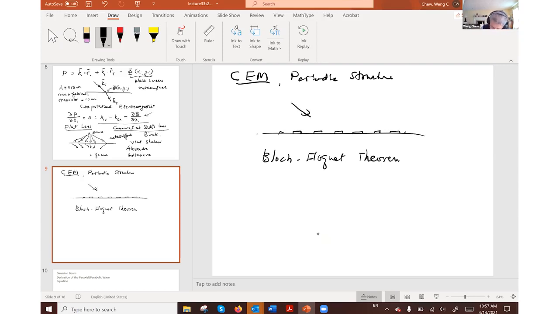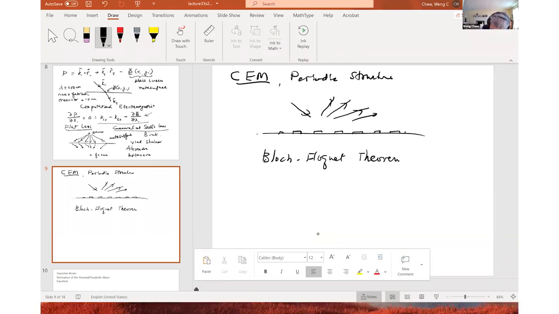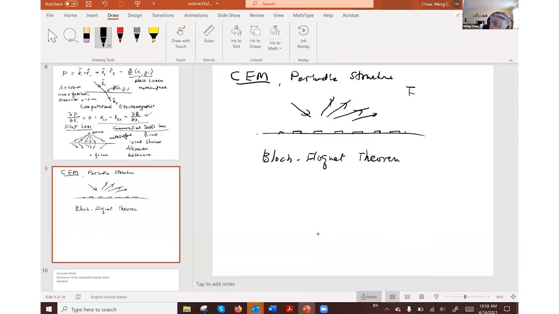What it says is that once you have a wave coming in, the reflected wave is not just one single ray. What you have is actually the reflected ray being spread out into multitudes of rays. Okay, so these are called Floquet modes, instead of just a single mode.